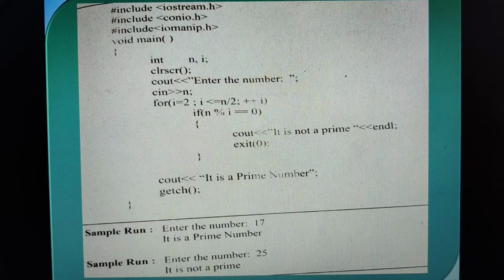I hope you understand this, because in the previous video class we have seen the same program, but here I want you to execute it and see how exactly exit works and how it is different from the break statement. Understood?